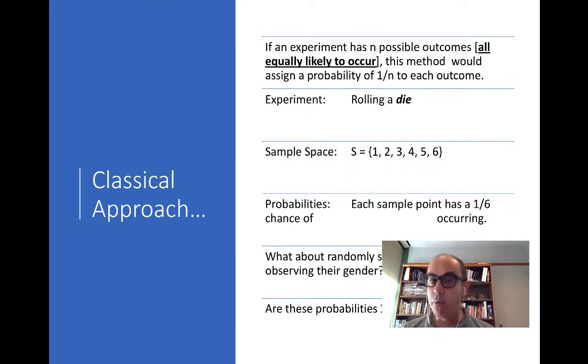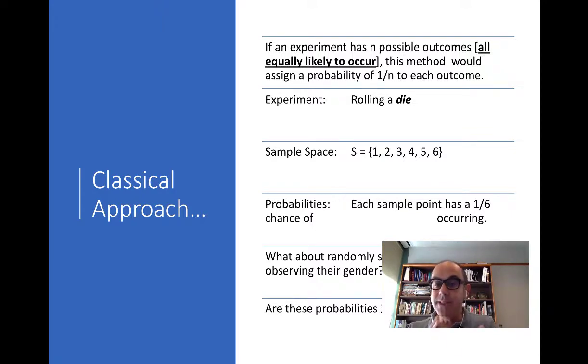The classical approach, or the basic idea of probability, is that if the experiment has n possible outcomes, all equally likely to occur, this method would assign a probability of 1 divided by n to each outcome. Example, if we roll a die and the die has 6 faces, 1 to 6, each of those occurs with probability 1 out of 6.